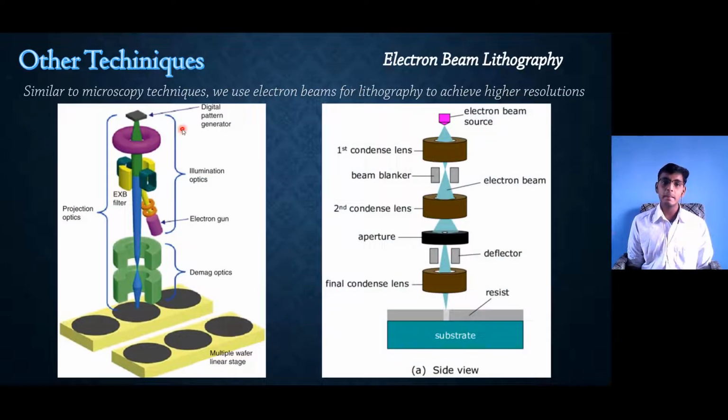These are the basic schematic diagrams used, and here the optics used are magnetic and electronic lenses which control the size of the beam and produce a miniature version of our chip. This is the technique which I want to discuss.